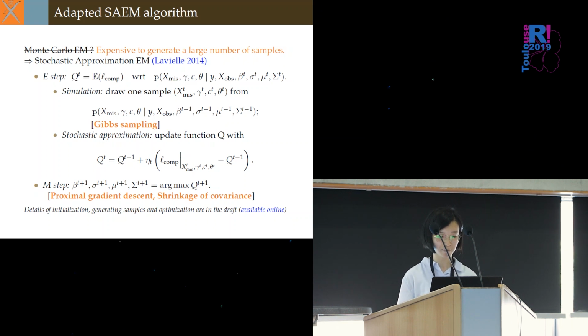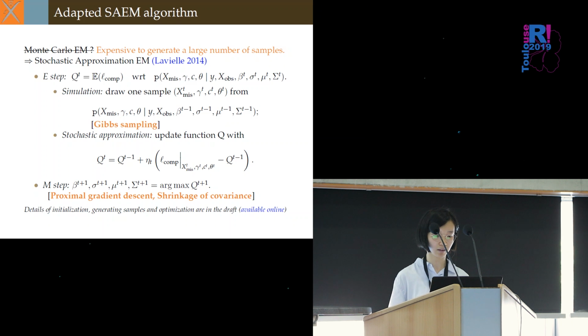After that, in the M-step, we estimate the parameters which maximize the quantity Q by proximal gradient descent, and in the high-dimensional setting, we also consider shrinkage of the covariance estimation.